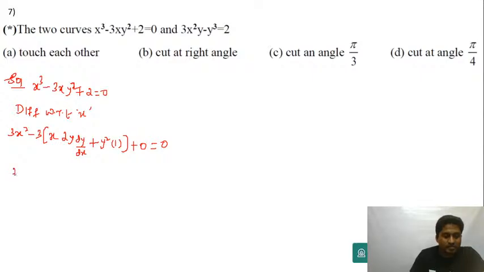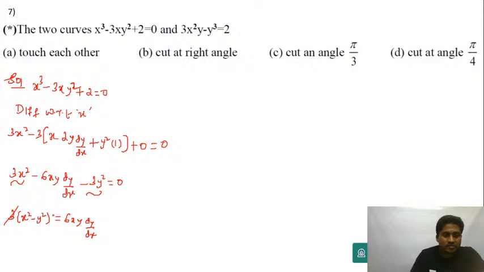I'm going to write this as 3x square minus 6xy into dy by dx minus 3y square is equal to 0. Between the first term and the last term, I'm going to take 3 common. 3 times (x square minus y square) is equal to 6xy into dy by dx.